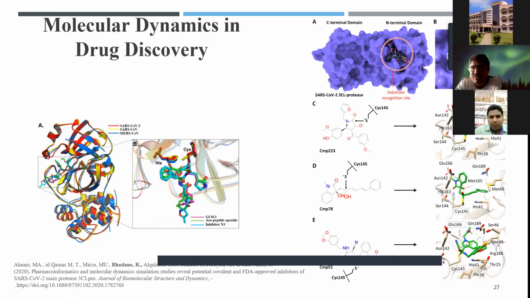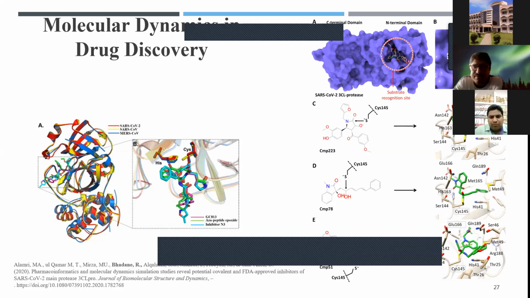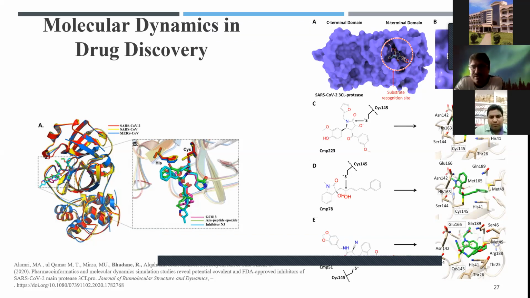So we performed this covalent docking. We used Schrodinger to do this screening, covalent as well as non-covalent. The structure was already there for 6LU7, and then we docked the different ligands, either covalent or non-covalent.